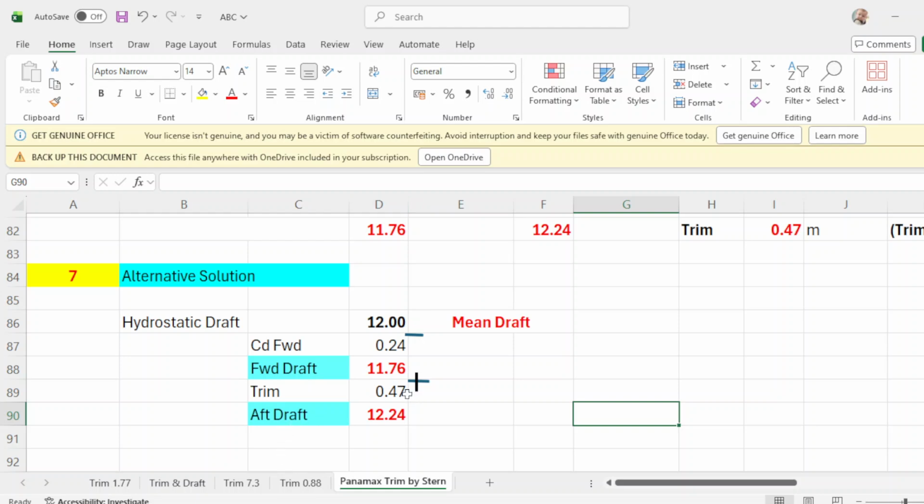And you add your trim of 0.47 to it, then your up drop will be 12.24, which is the same as here.